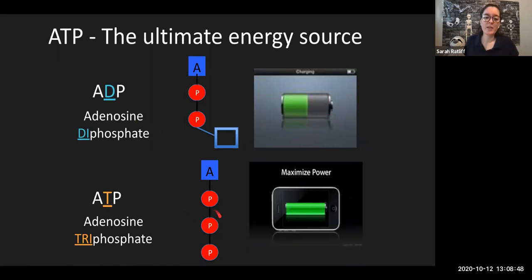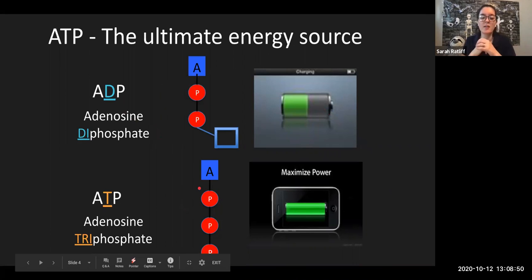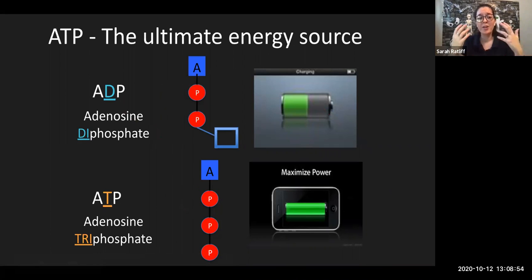And there are three phosphate groups attached to this adenosine molecule. So we got ADP, which has two, there's only two bonds there, and ATP, which has three bonds. So naturally, the ATP will be a little bit more energy than ADP. So we want ATP, we can still use ADP, but ATP, triphosphate, is the one.